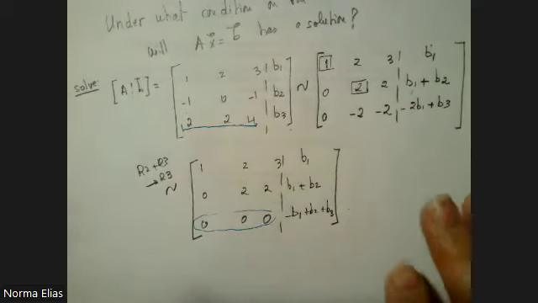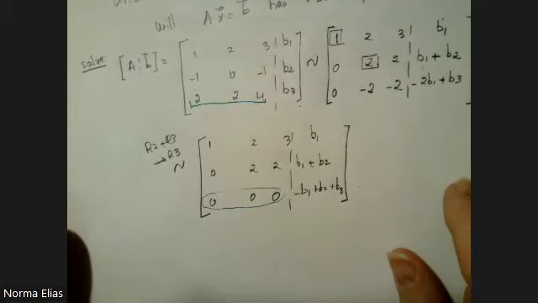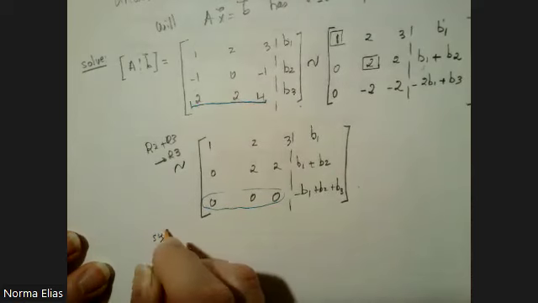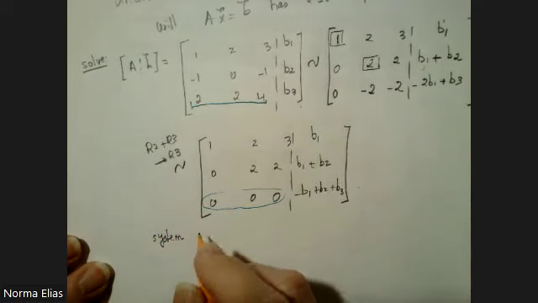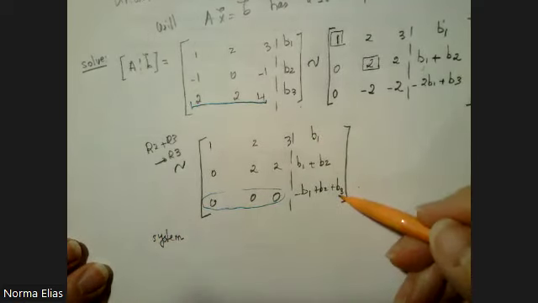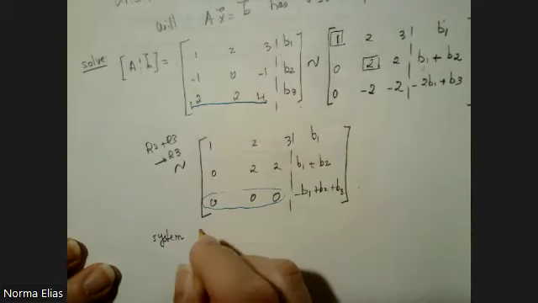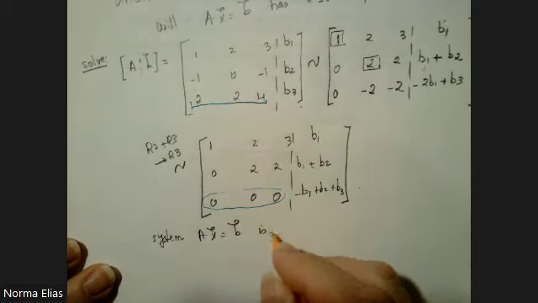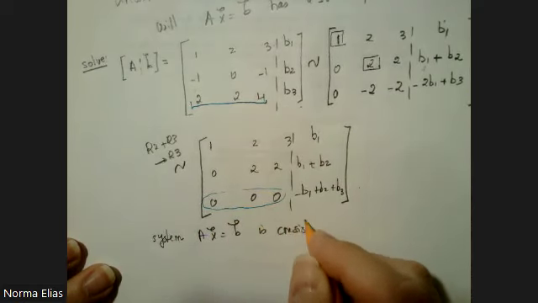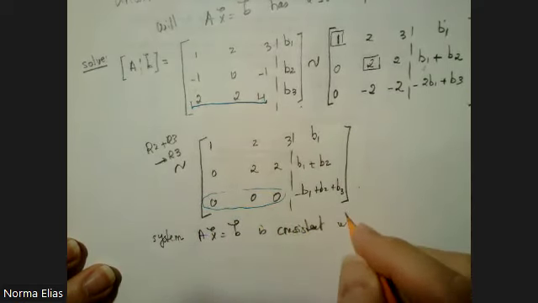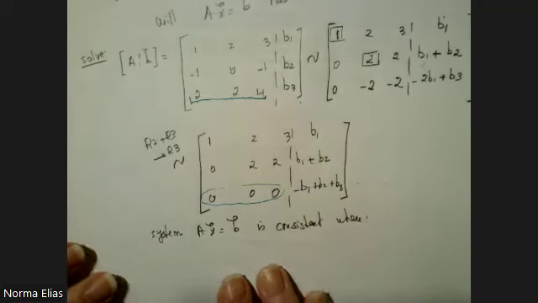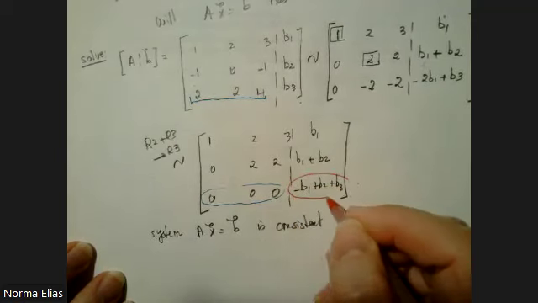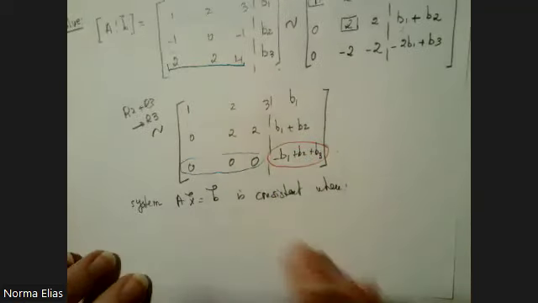So now my question addressed to you is, when is the system consistent? Under what condition on the entries of B will the system have a solution? Very quickly. Absolutely. The system will have the solution only when this up here is equal to 0.